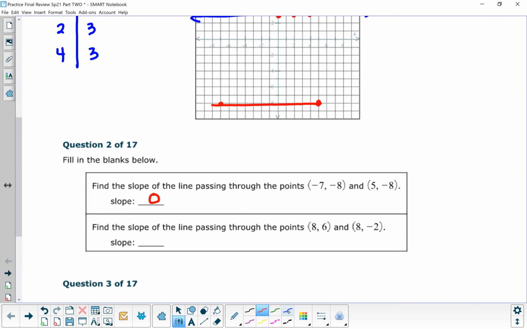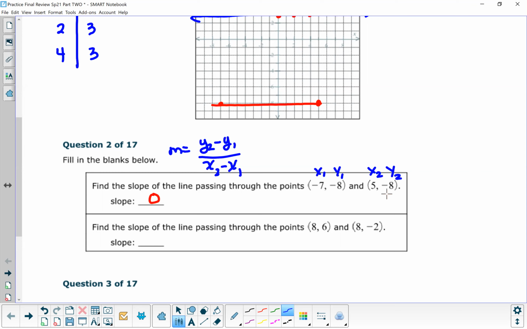All right, now if I use the slope formula, remember that's m equals y2 minus y1 over x2 minus x1. And I'll say this is x1, y1, x2, y2.